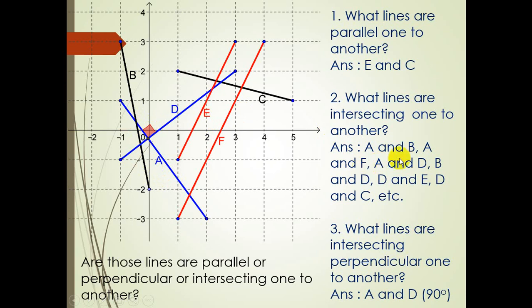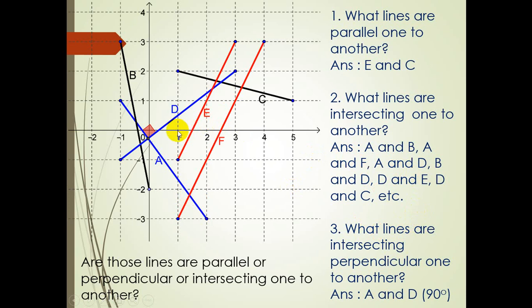And line A and F, this one. Both lines intersect at this point, the red and the blue one. And you can continue with another lines. Now let's see number 3. What lines are intersecting perpendicular one to another? I think the answer is only one.